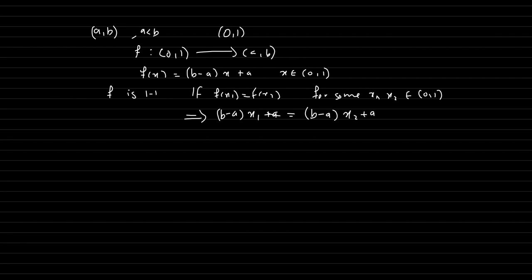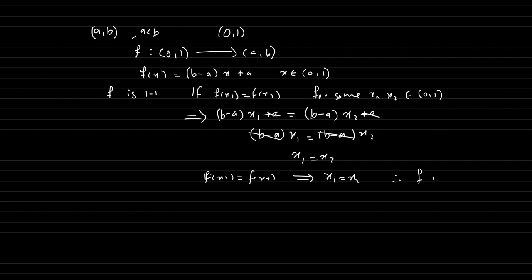Here we can cancel plus a from both sides, and we will get (b minus a) x1 equal to (b minus a) x2. Here b not equal to a, therefore b minus a is a non-zero number, so we can cancel it from both sides. Then we will get x1 equal to x2. Here f of x1 equal to f of x2 implies that x1 equal to x2.